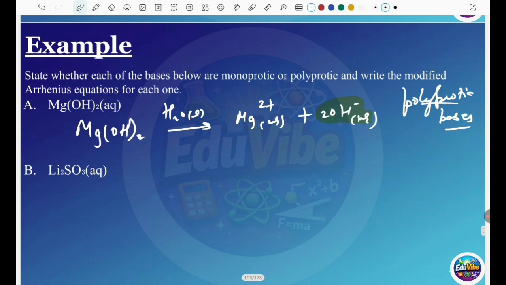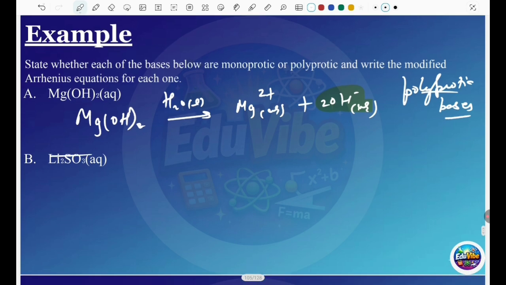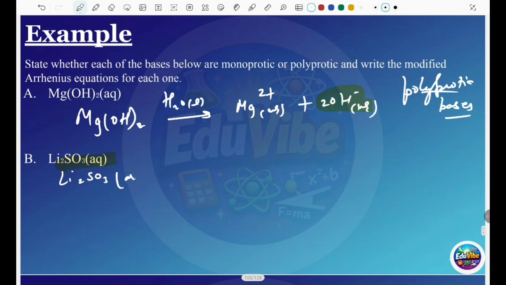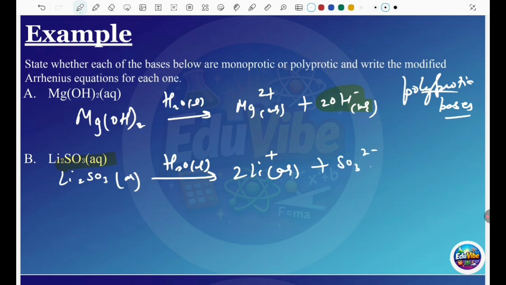Next question, we have Li2SO3. In this, firstly you have to dissociate it with water. You get 2Li positive aqueous plus SO3 2 negative aqueous.